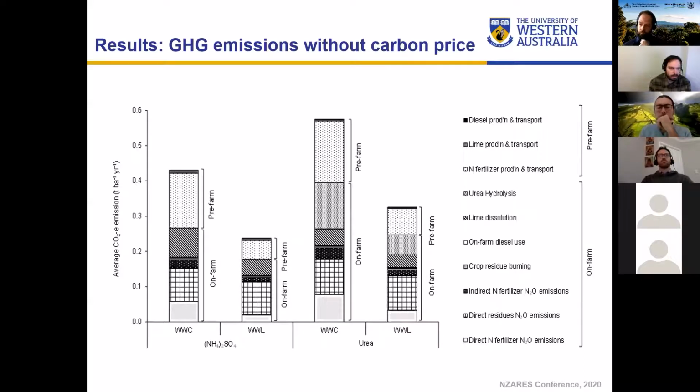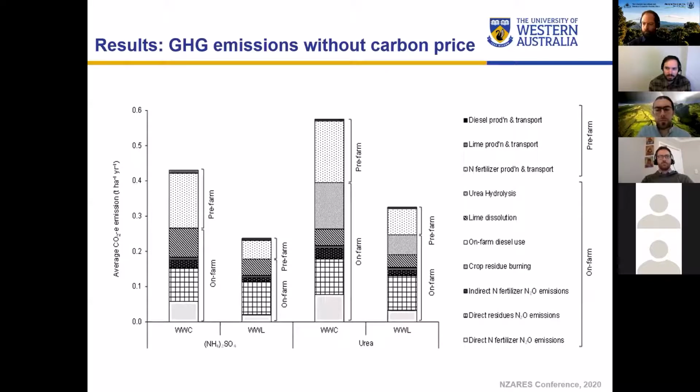In general, based on our results, the on-farm sources contribute as much as 3 times more emissions than pre-farm sources. And the emissions from on-farm and pre-farm sources both vary depending on the nitrogen fertilizer type and the crop rotation. As you see, the total emissions from any sources are about 50% higher when canola was incorporated into the crop rotation rather than lupin.